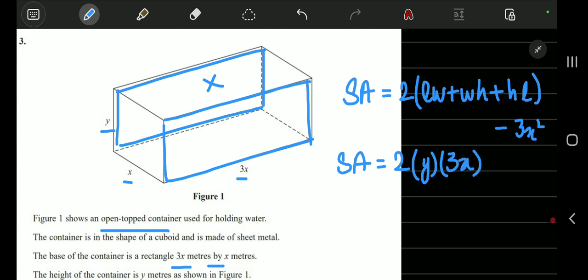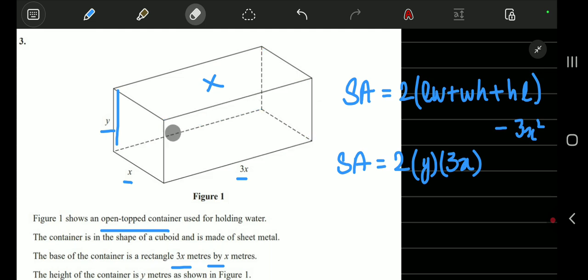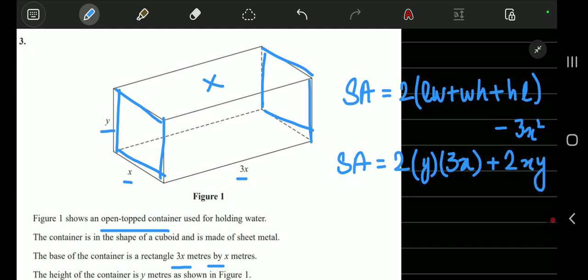Secondly, the next dimension would be these two sides. They seem to be squares, but they have different dimensions. These two rectangles have dimensions x by y, so 2 times x times y.